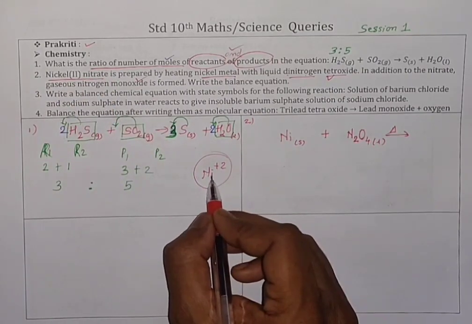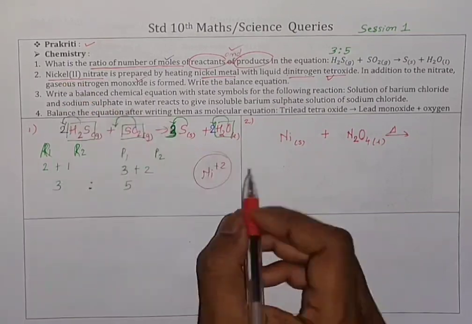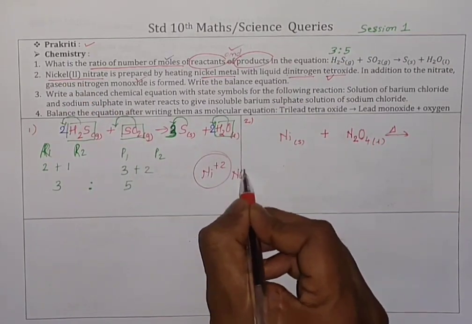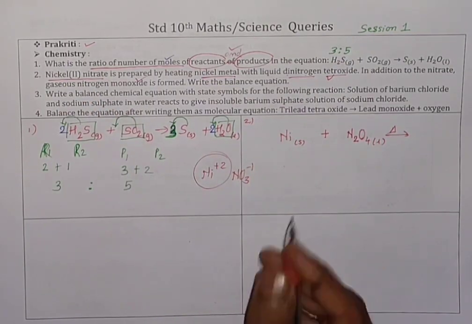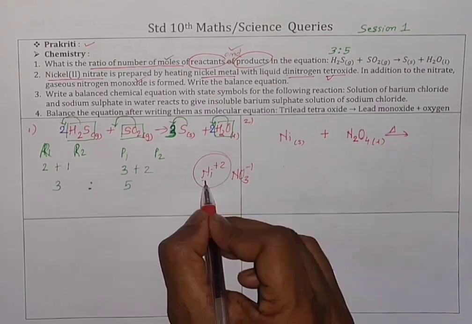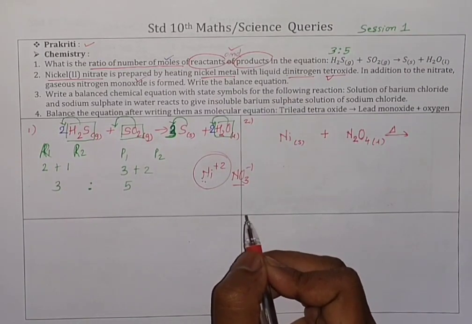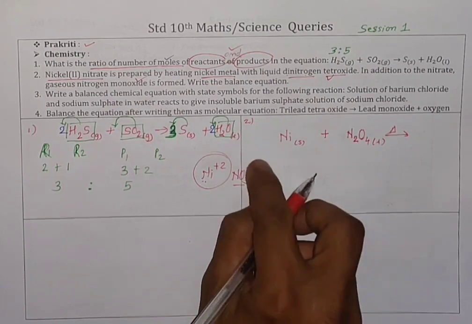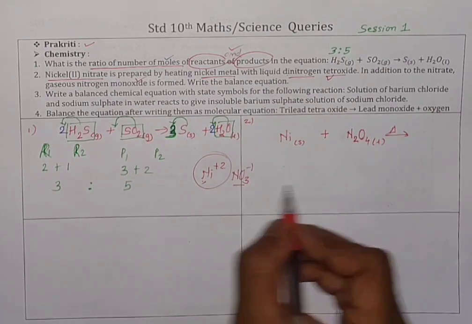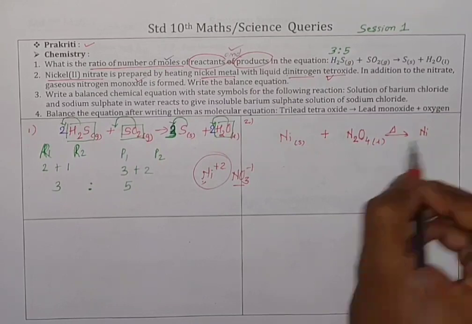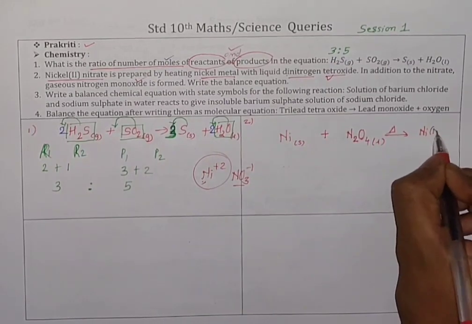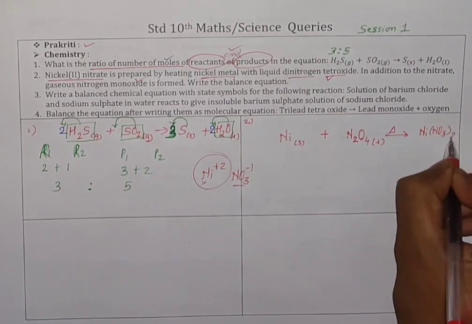Children, nickel nitrate, Ni plus 2 बताया है और नाइट्रेट NO3 minus 1. चिल्ड्रन लर्न कीजिए, निकल का नहीं है लेकिन नाइट्रेट का है. Are you getting me? So this will give you Ni1 और NO3 twice.